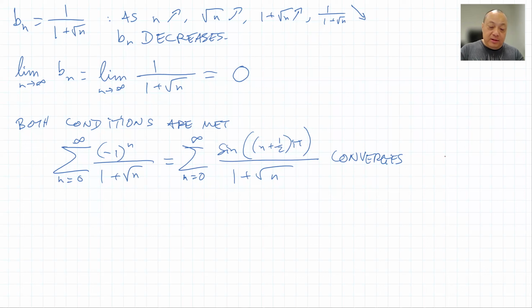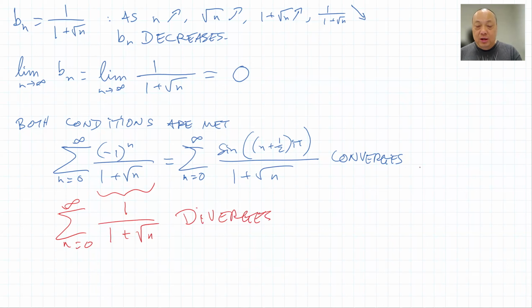Well, it's not, because for absolute convergence, you take away the alternating part and have just the non-alternating part, and we've seen that this makes the first series, for absolute convergence purposes, look exactly like the second series, and the second series diverges. So this first series is an alternating series that converges conditionally, not absolutely.